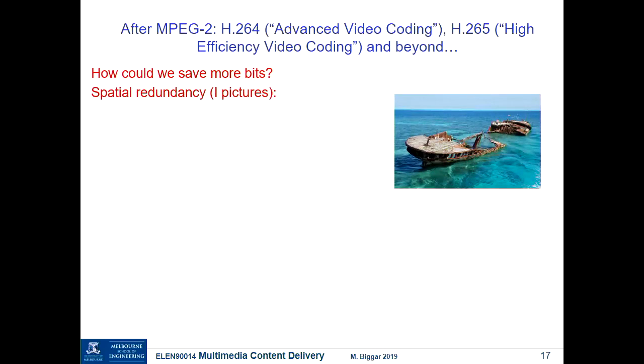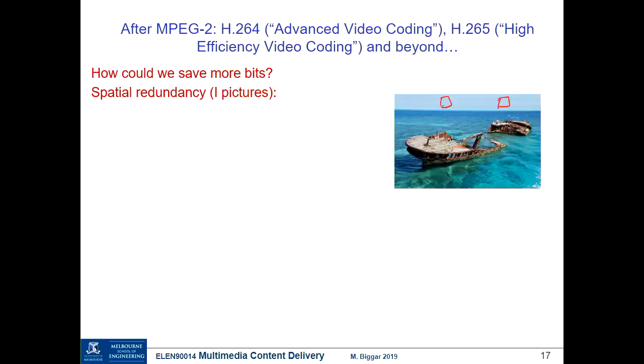One is that we don't really take much advantage of spatial redundancy within I pictures. When we encode an I picture in those earlier systems, it's essentially like a JPEG picture. We take advantage of correlation within each block, say 8 by 8 or whatever. But if we think about that picture as an example, there's a lot of correlation between there and there.